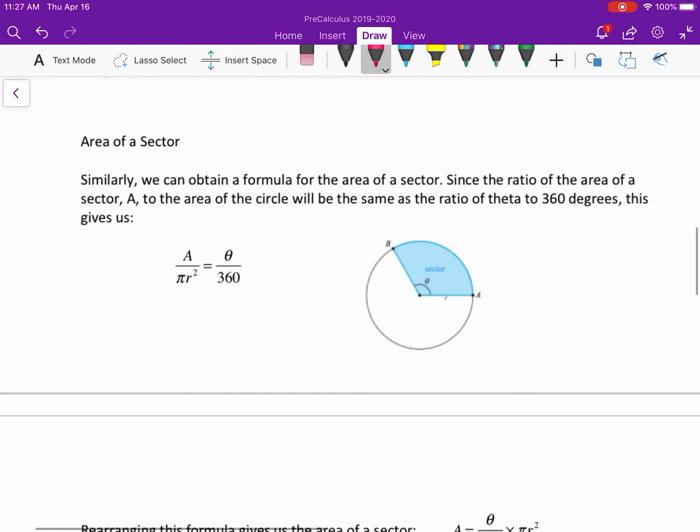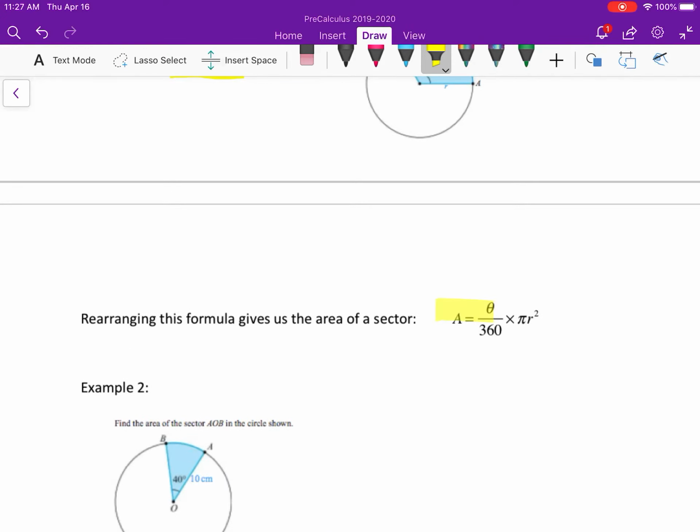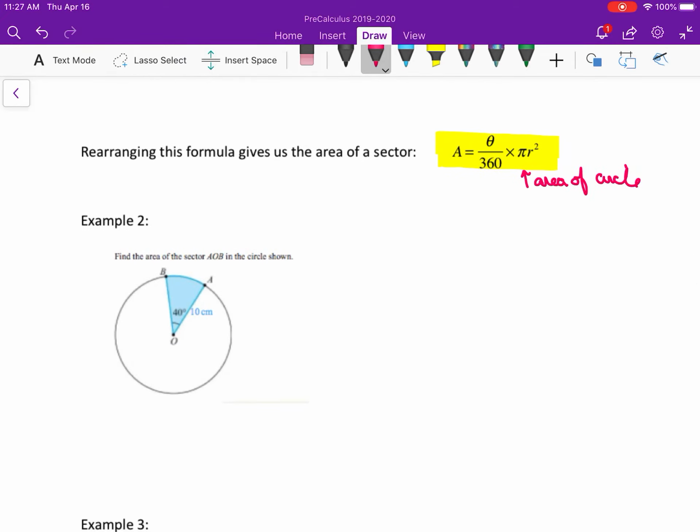All right. Then we have the area of a sector, which is going to be very similar. It is just a ratio of the area of the whole circle to the piece that you have. So in general, it's going to be that percentage or piece of the circle, so theta over 360, and this time times the area of a circle. All right, so two formulas you already know, circumference and area of a circle, and then just times the piece you're looking for.